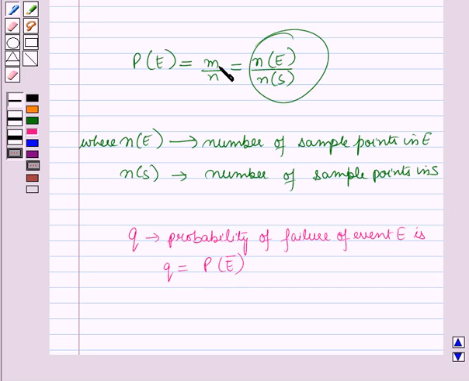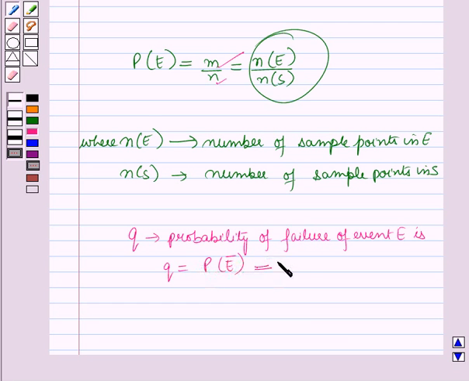Now, the number of favorable outcomes for the event E is m, and the total number of outcomes is n. So, the number of unfavorable outcomes will be equal to n minus m.